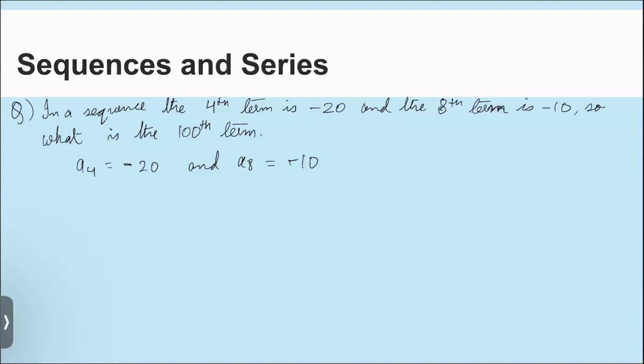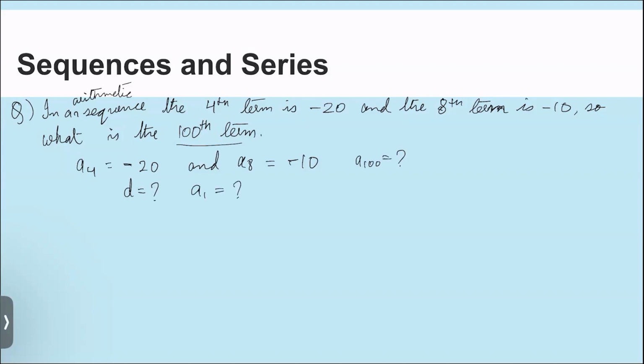Okay, so we are not explicitly told whether this is an arithmetic sequence or not. So we will just assume that. Suppose this is an arithmetic sequence. Okay, so for an arithmetic sequence, to find our A100, we need the common difference D, and we also need the first term of the sequence.